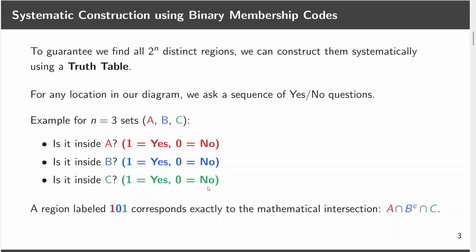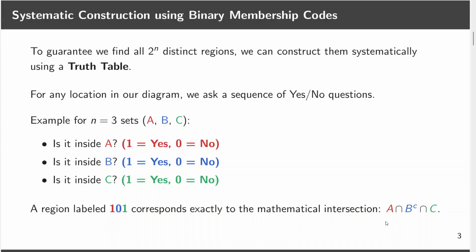Now we write those answers as a 3-digit code. For example, the code 101 means, yes, it's in A. No, it's not in B. Yes, it's in C. And that specific region, the region with code 101, corresponds exactly to a mathematical intersection.